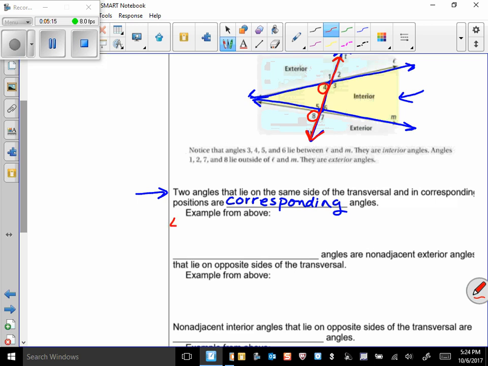So we have angle 4 and angle 8. Also on the left side, we have angle 1 and angle 5. Then on the right side of the transversal, angle 2 and angle 6, and also angle 3 and angle 7. All those are sets of corresponding angles.